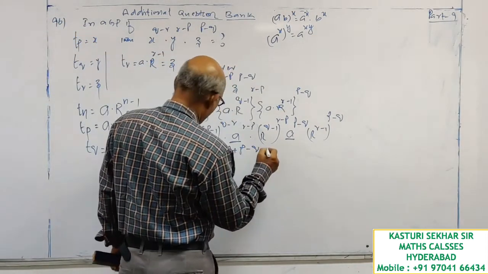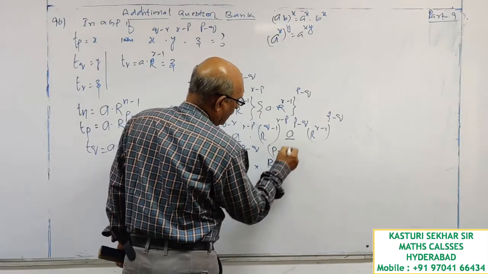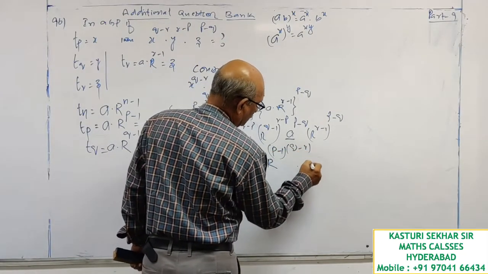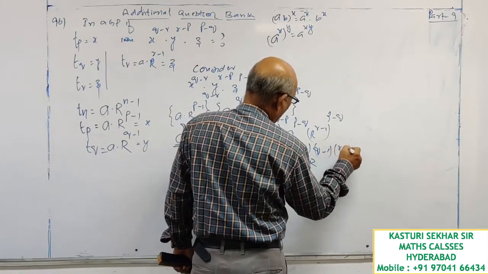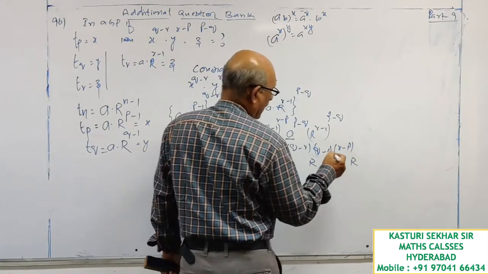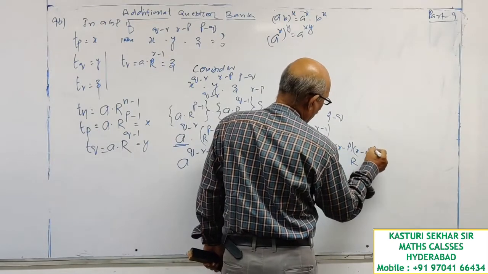So this is r to the power p minus 1 into q minus r, r to the power q minus 1 into r minus p, r to the power r minus 1 into p minus q.